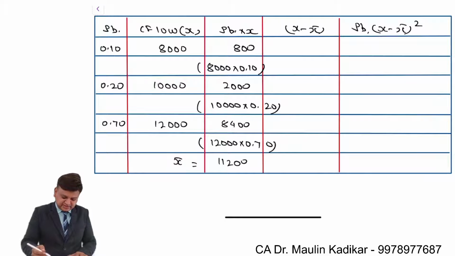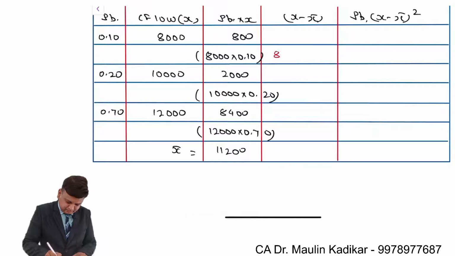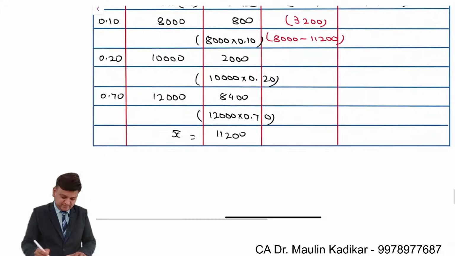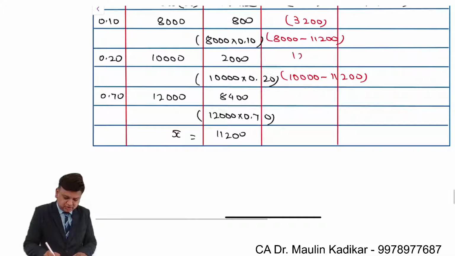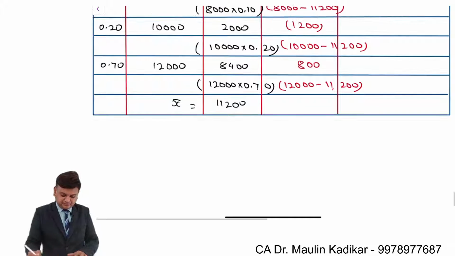So now friends, x minus x bar, so it is 8,000 minus 11,200, that comes to 3,200 negative. 10,000 minus 11,200, so it is 1,200 negative. 12,000 minus 11,200, it comes to 800 positive.